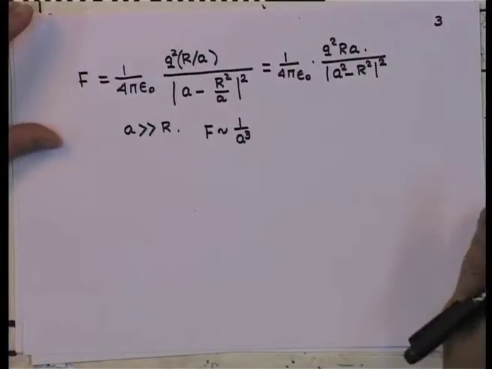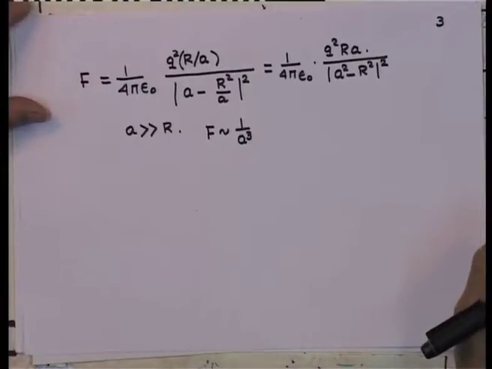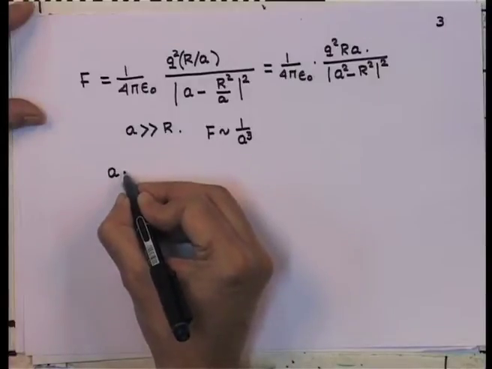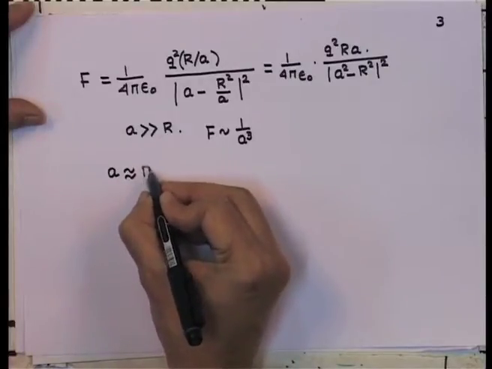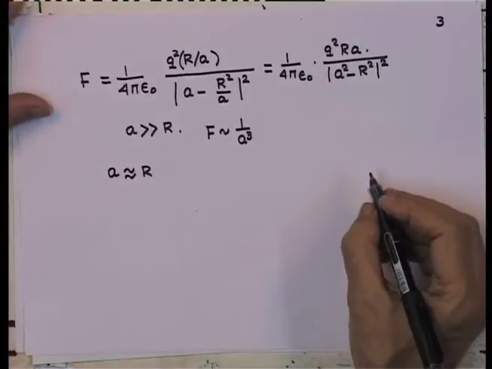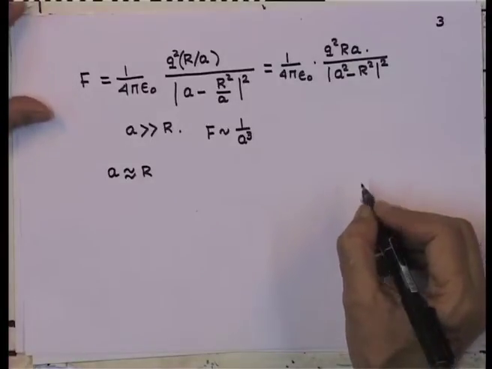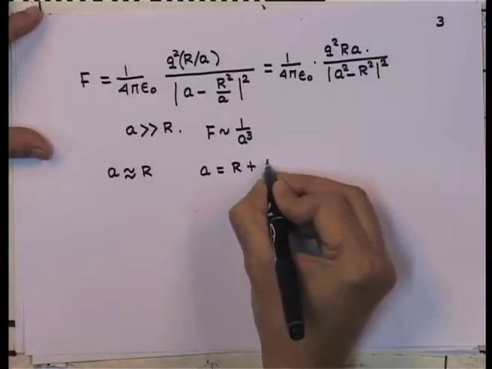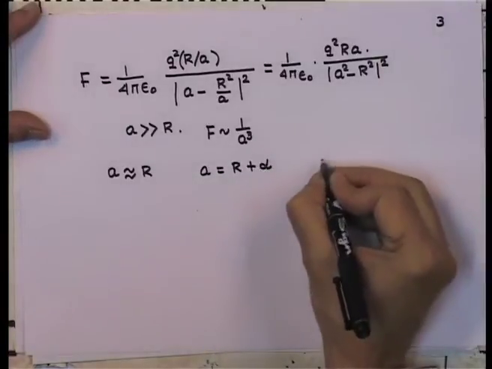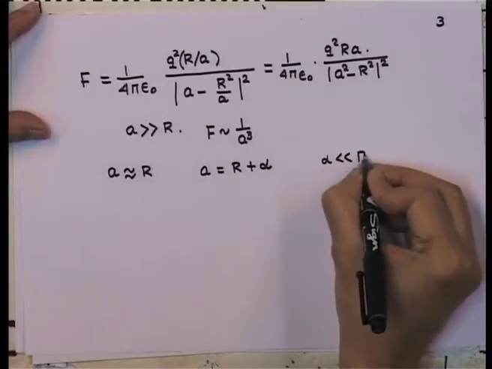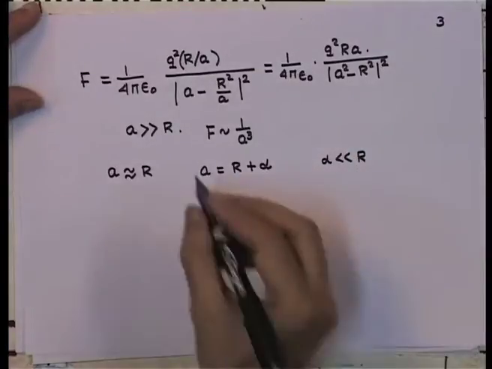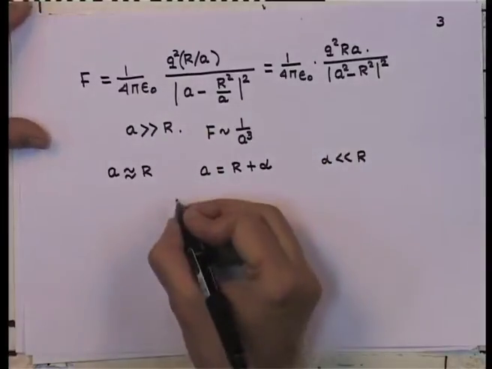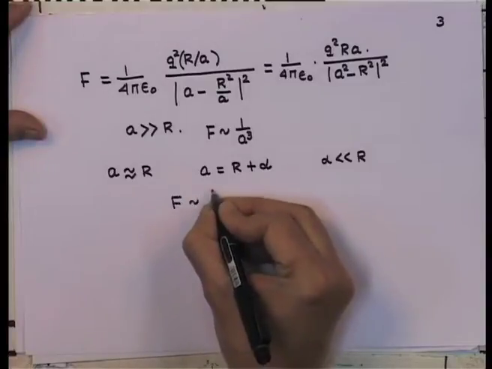On the other hand, if I say that it is very close to the surface, that is the distance a is approximately equal to the radius, so let me write a is equal to the radius plus a small quantity alpha, where alpha is much smaller than r, so that I am almost near the surface. Now, you can calculate how much is the force there, and this force then goes as 1 over alpha square.